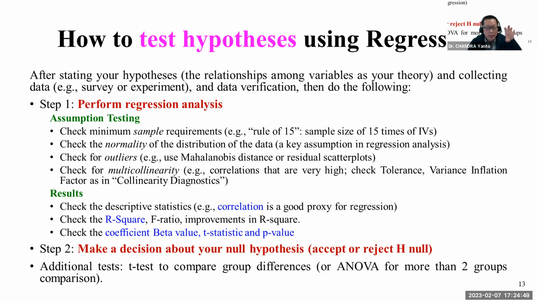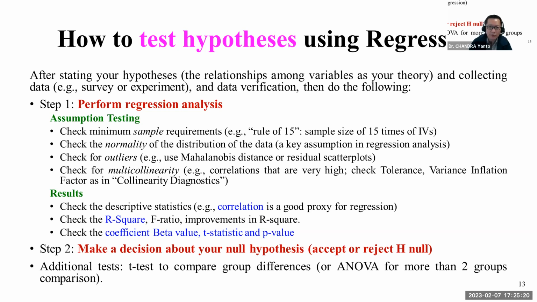Let's say you have 10 independent variables to predict people's salary, right? It can be age, gender, years of education, where they studied, prior experience, and so on. According to this rule, you need to have at least 15 times 10, so at least 150 minimum sample to test this regression, right?